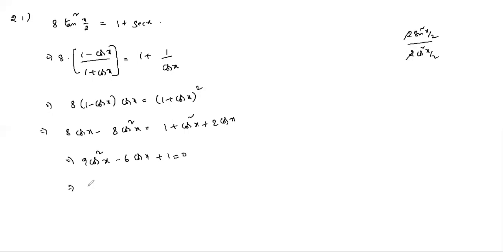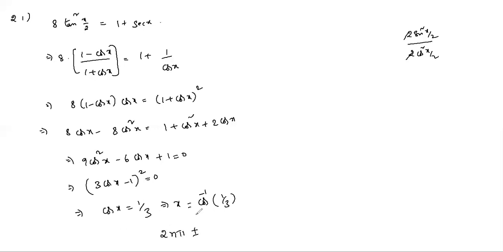This is a square minus 2ab plus b square, so 3 cos x minus 1 whole square equals 0. So cos x equals 1 by 3. We don't know the exact value, so we write x equals cos inverse 1 by 3. So the general solution is 2n pi plus or minus alpha, where alpha is cos inverse 1 by 3. So 2n pi plus or minus cos inverse 1 by 3. Third option. Understand?